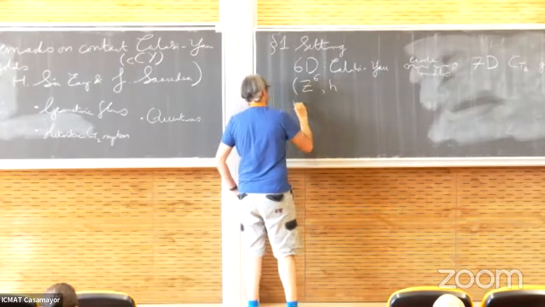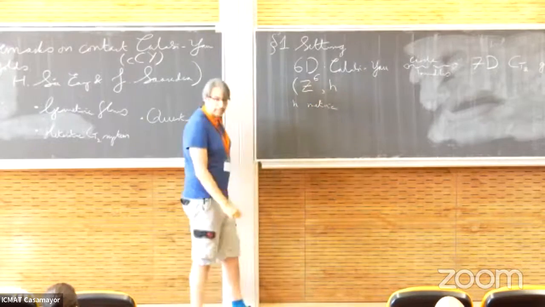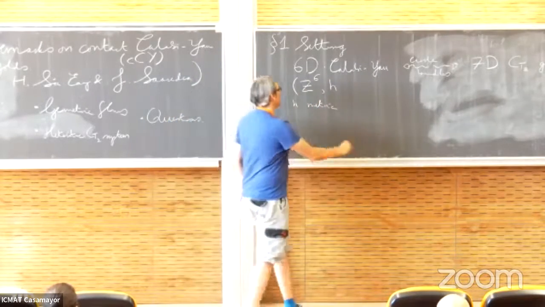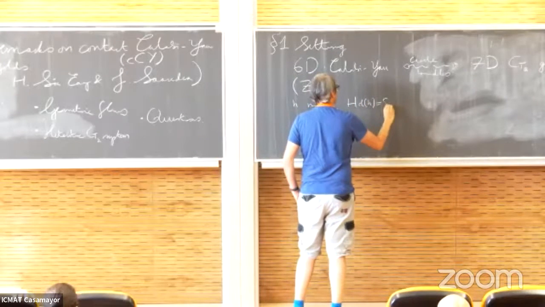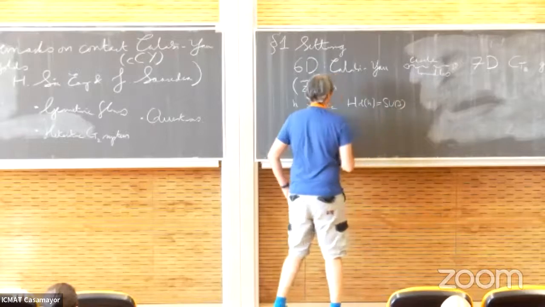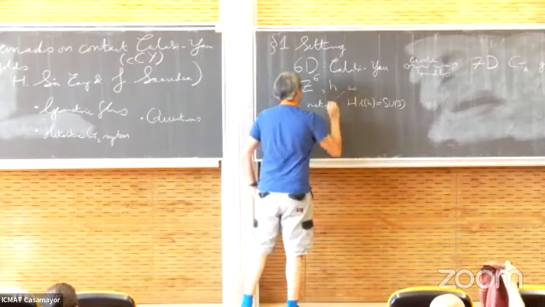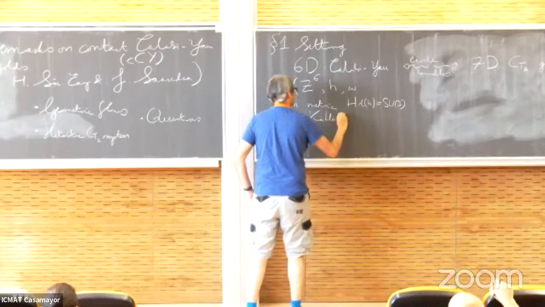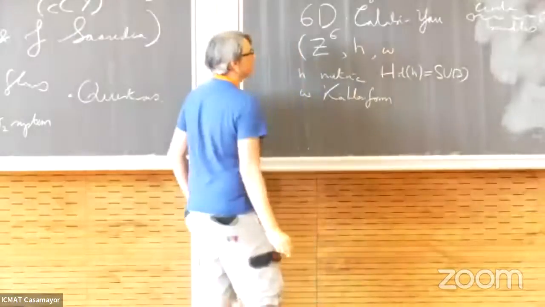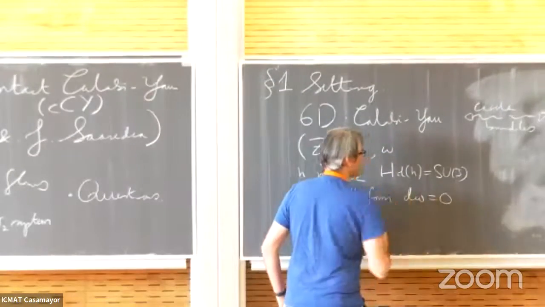We'll have h. h will be a Ricci flat Kähler metric, and I'll want the holonomy of that metric to be SU(3). We will have omega be the Kähler form. It's a 2 form, and it's going to be, of course, closed.